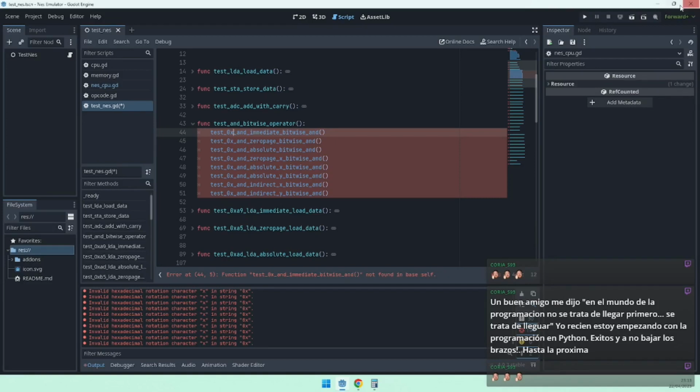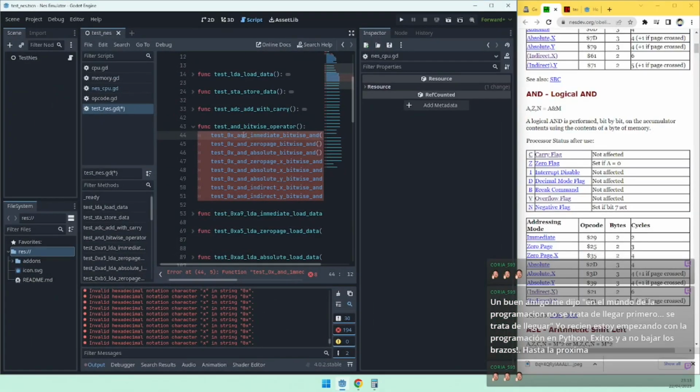Now we have to copy again the opcodes. It's 29, 25, 35, 2D, 3D, 39, 21, 31.